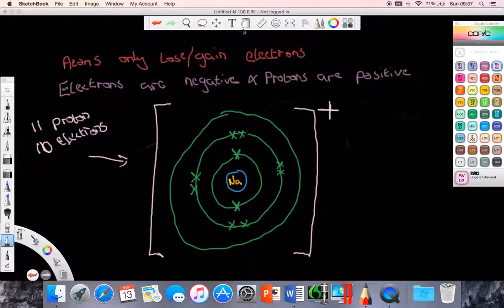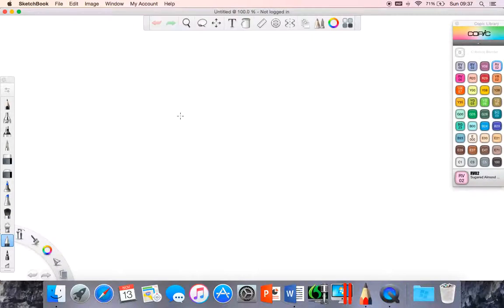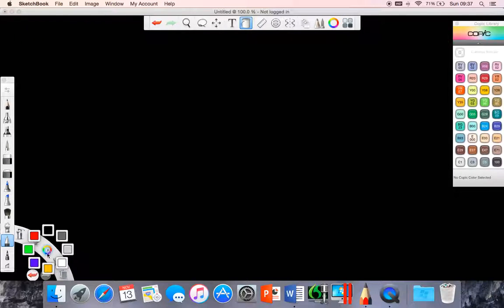Let's look at another example. So we'll switch to a new screen, colour it black again, because it's easier for you to see. Let's take chlorine, for example. Chlorine is a non-metal. It's on the other side of the periodic table. Okay? It's found in period 3, group 7. So if we think of chlorine, you've got your nucleus.